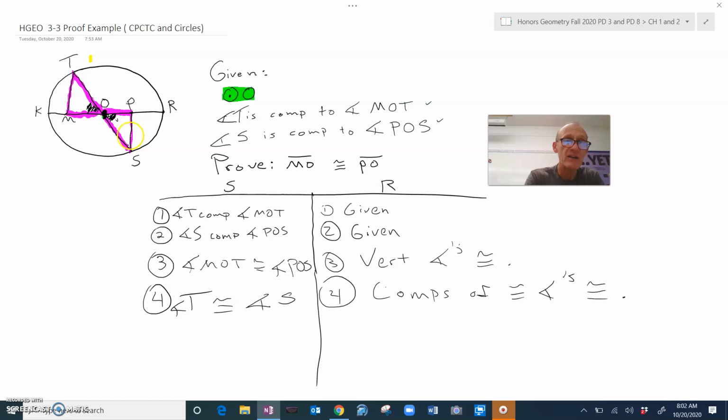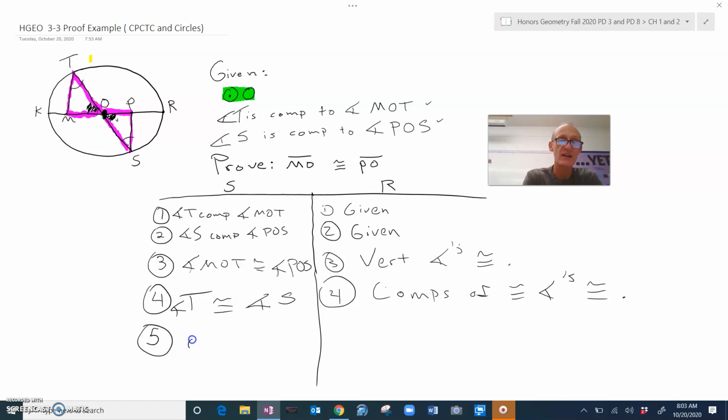Now, we have angle T congruent to angle S. And I think we can get the two triangles congruent by angle, side, angle, because those two sides are radii of the circle. So in our proof, we have to get the radii of the circle congruent.